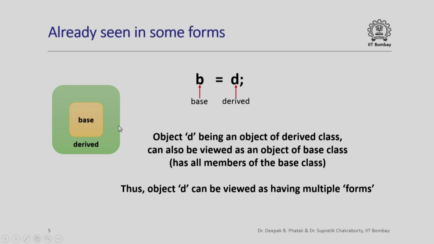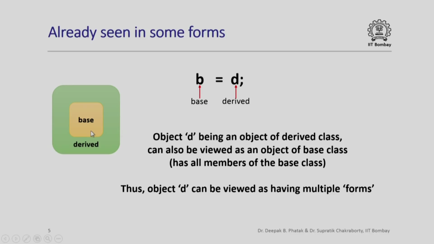Now recall that an object of the derived class actually has everything of the base class within it, and it may have some additional data members or member functions. And an object of the derived class like D here can therefore also be viewed as an object of the base class if I want to use it like an object of the base class, because it has everything that an object of the base class has.